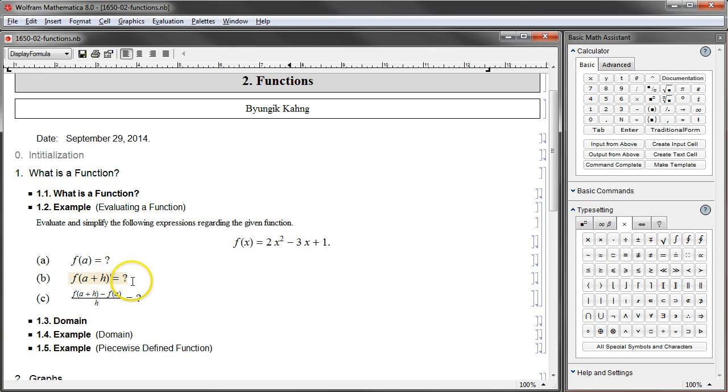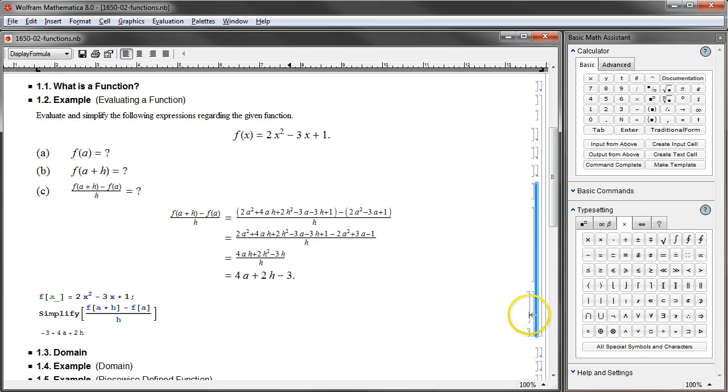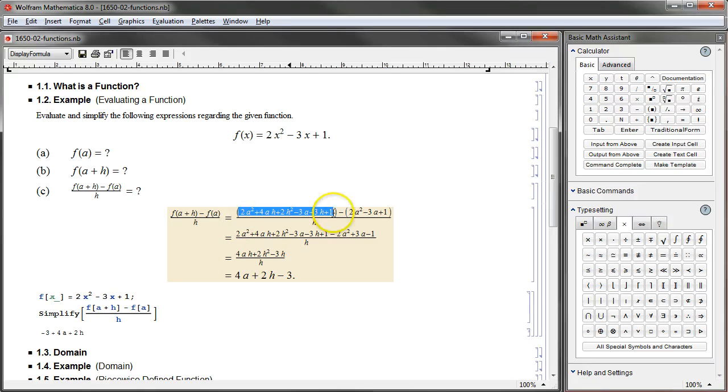Well, you have this and you have that, so subtract one from the other and divide by h, that's it. And you can actually do something like that. The numerator is f of a plus h, as you did before, minus f of a, and the denominator is just h. And then some simplification, subtract, and the constants are gone, and after simplification we end up with something like that.